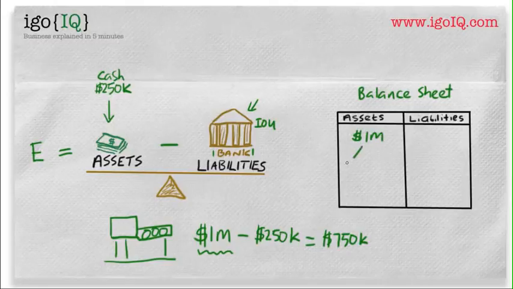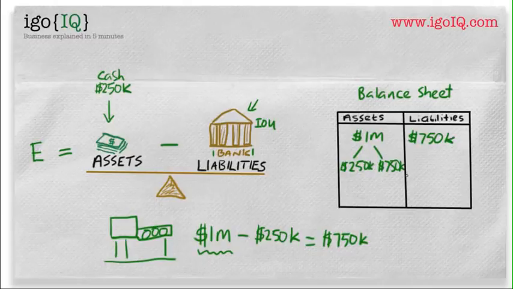Now remember, that came from 250 in cash that we put in, and then we borrowed 750. So we took the loan money and we went and invested it in an asset. So those are the assets we've got. Now from a liability point of view, the liability is the security or the note that the bank issued to fund our business.